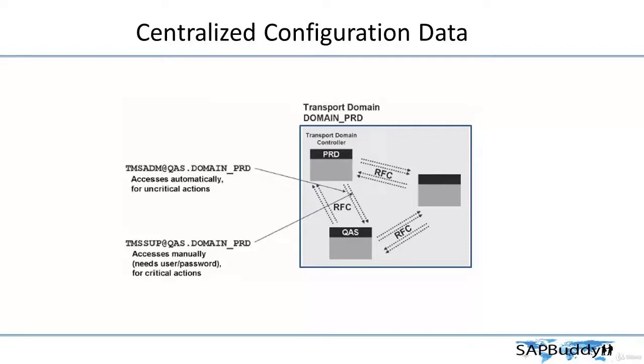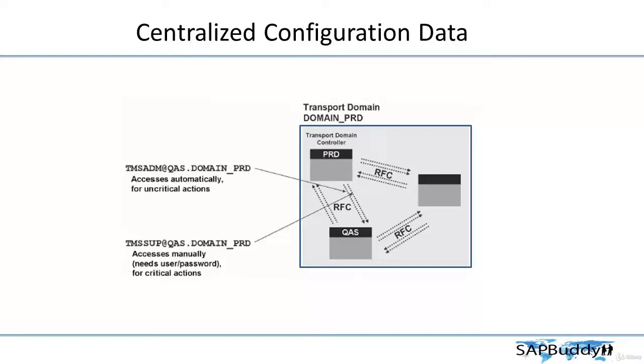Then when you create a TR from the development system and release it to the quality system, that particular TR will be available in the queue of the development system. When you create every transport request and release it to the next system, it will be available in the transport queue, that is called the import queue. So this import queue will be readily available in the virtual system.